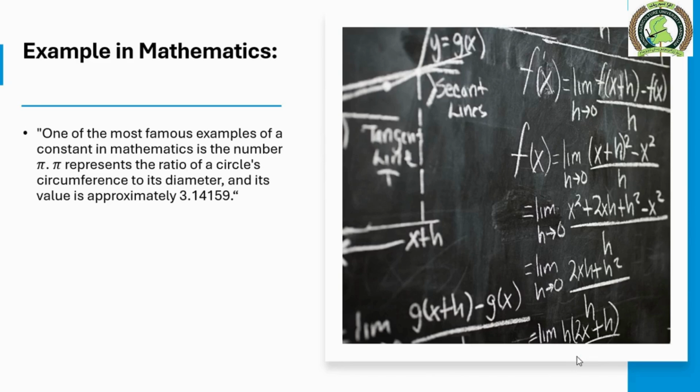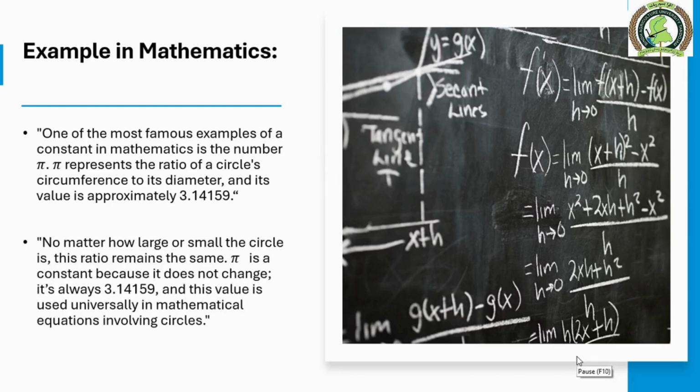No matter how large or small the circle is, pi is a constant because it does not change. It's always 3.14, and this value is used universally in mathematical equations involving circles.